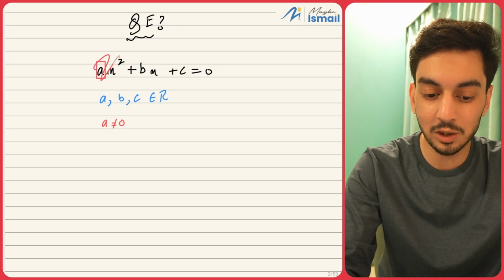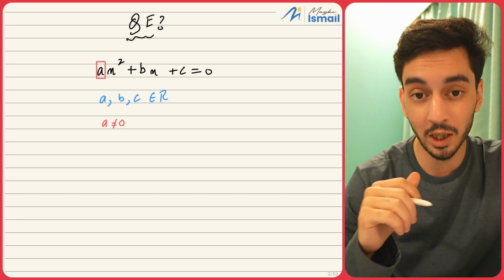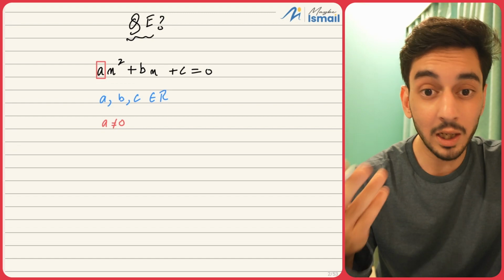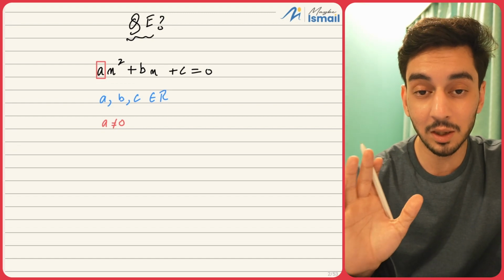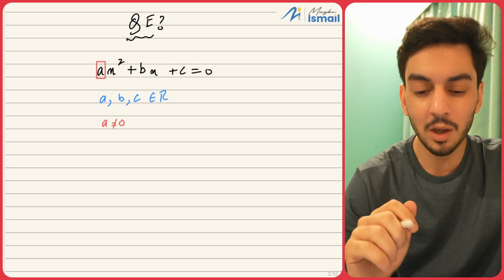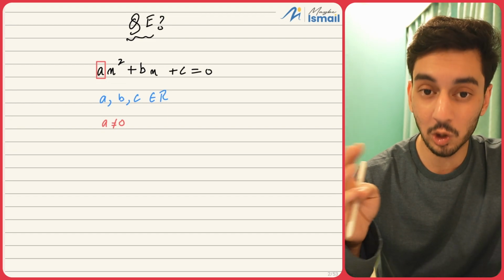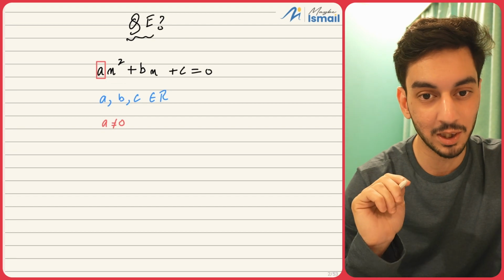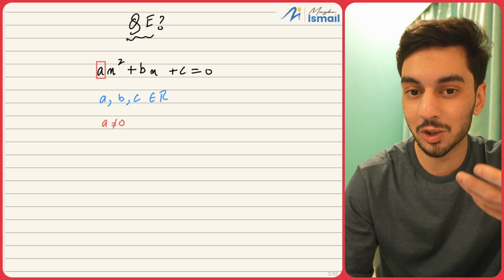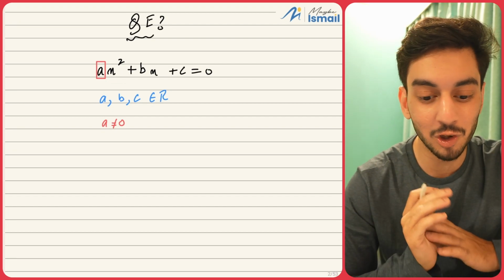If this term just goes away, the equation wouldn't remain a quadratic equation. It would turn into a linear equation or some other kind of equation, but it won't be a quadratic equation for sure. But c can surely be 0, b can surely be 0. Both of them can be 0 at the same time, but a cannot be 0. Which means the coefficient of x square cannot be 0. That is the general rule over here.